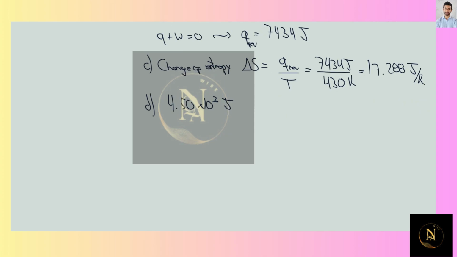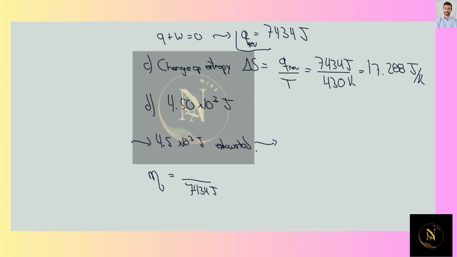To find the efficiency, since we're told that 4.5 times 10 to the 3 joules was exhausted from the system, we take the heat corresponding to the reversible process, 7,434 joules, as our denominator, and the heat exhausted corresponds to the work produced by the overall cycle.